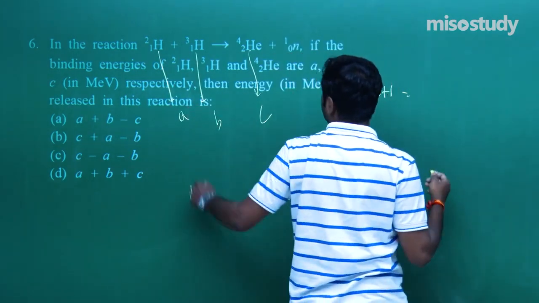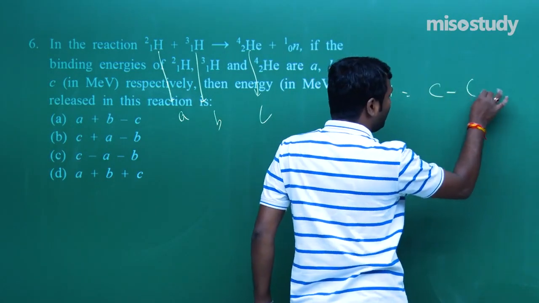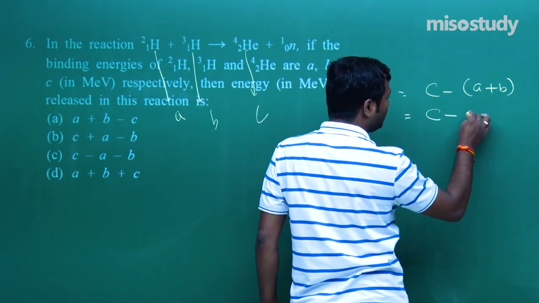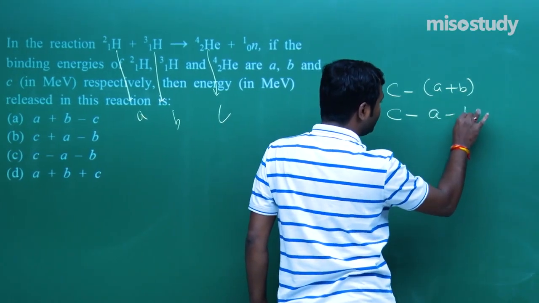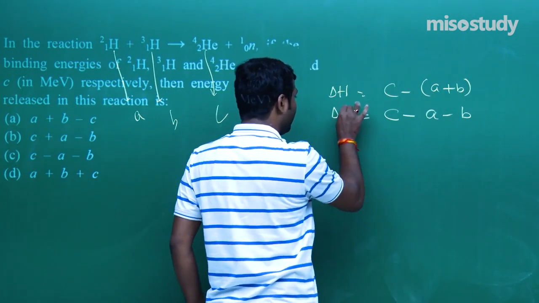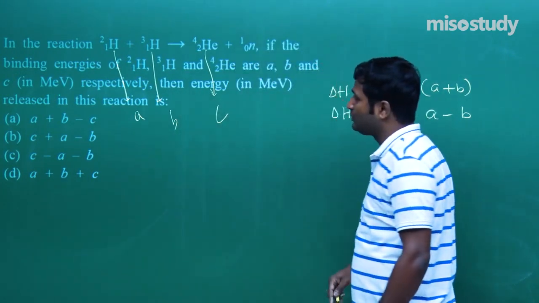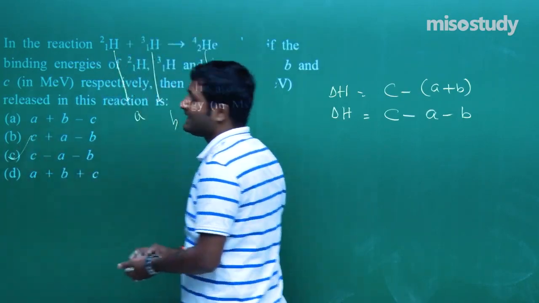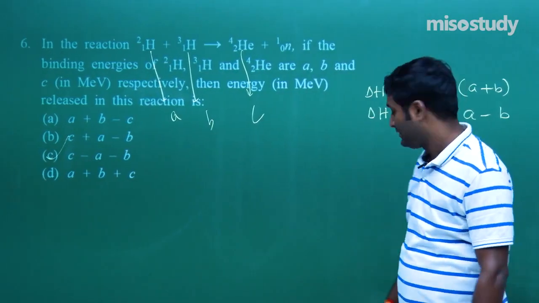So the energy released is C minus A plus B, a normal reaction, as we have studied in thermodynamics also, C minus A minus B. That is, delta H will be equal to C minus A minus B. For question number 6, C is the correct option.